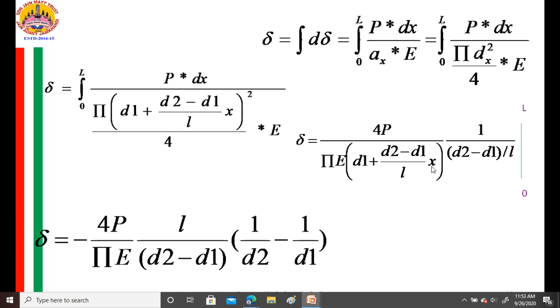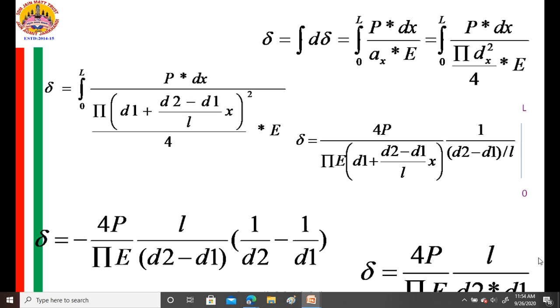Put x equal to 0 here. This whole term becomes 0 and 1 divided by d1 is left out. You simplify it. Finally, you are going to get 4PL divided by πE into d1 into d2.